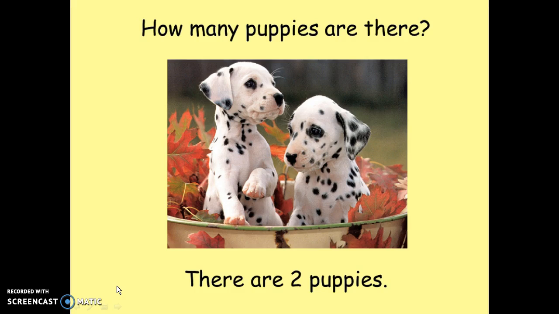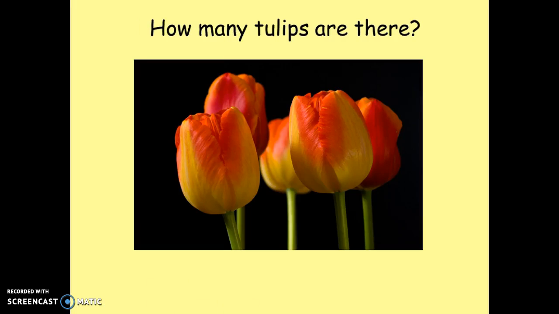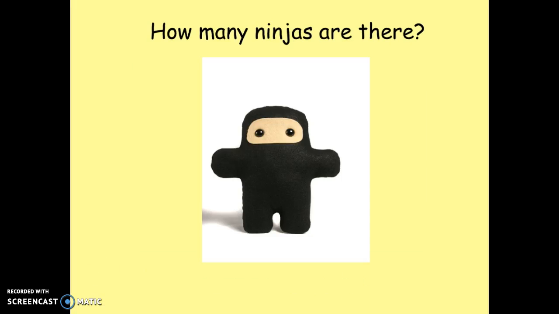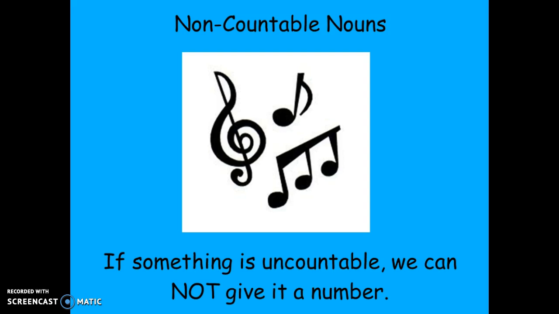Too many to count. Tulips are beautiful. You should bring your mother some. How many tulips are there? There are 5 tulips. How many ninjas are there? There is 1 ninja. Because there is only 1, we say there is instead of there are. Poor ninja, I think he's lonely.